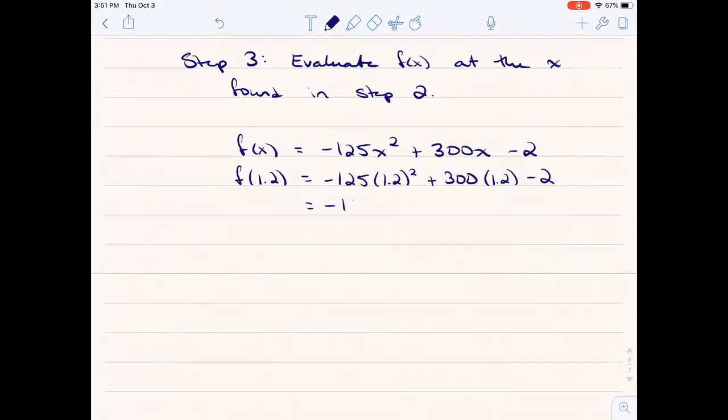I'll show a little more work than you would have to. So I get negative 125 times 1.44, which is negative 180, plus 300 times 1.2, which is 360, minus 2.